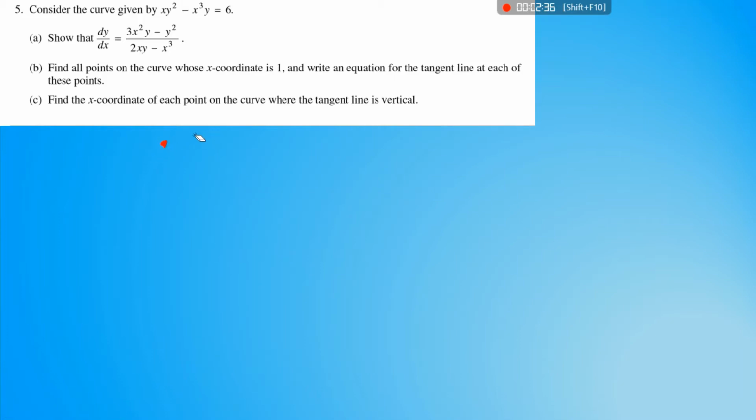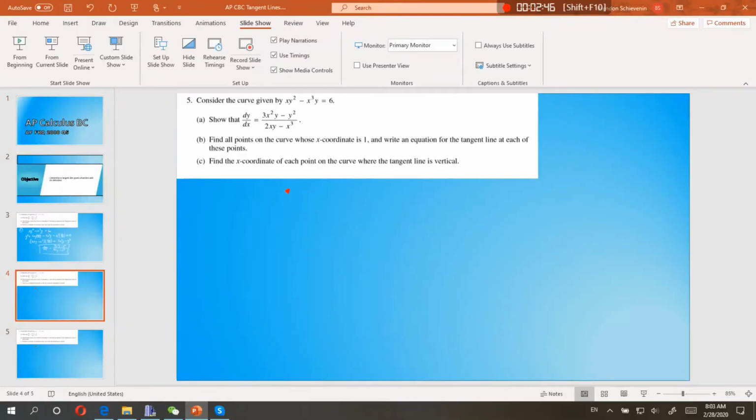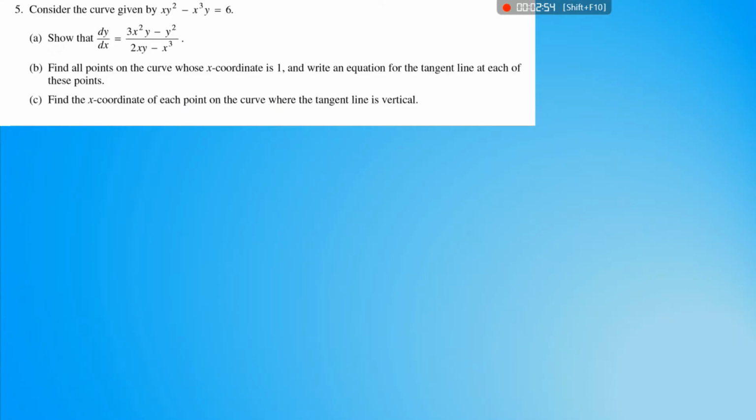Guess I can't get rid of that. Okay, then I want to find all the points on the curve whose x-coordinate is 1, and write an equation for the tangent line to all of those points.